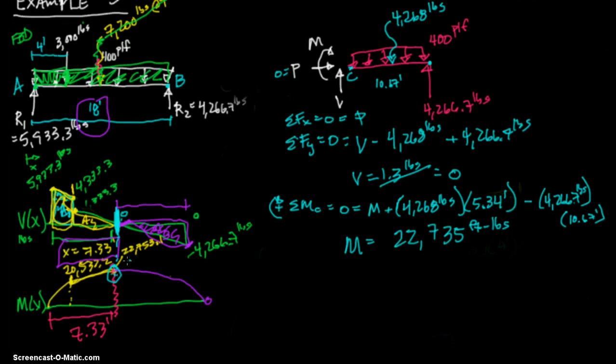What do we say over here? 22,753 foot-pounds. Okay, 735, 753, potato, potato. Actually, as Megamind would say, potato, tomato. Anyways, it's close enough. If you're worried about 20 foot-pounds, then we have problems. You just need to bump the thing up and call it good.